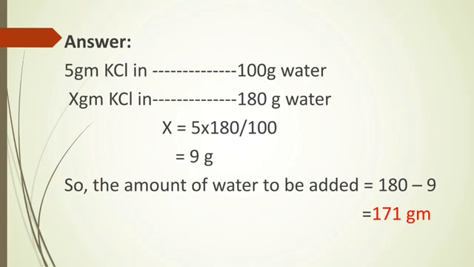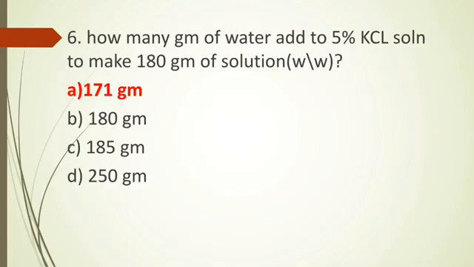As I said before, we have to read the question very thoroughly, because it's very important, otherwise you will make a lot of mistakes. And if we understand the question, it's very easy to score. So here the correct option is option A, 171 gram of water is required to make 180 gram of solution.